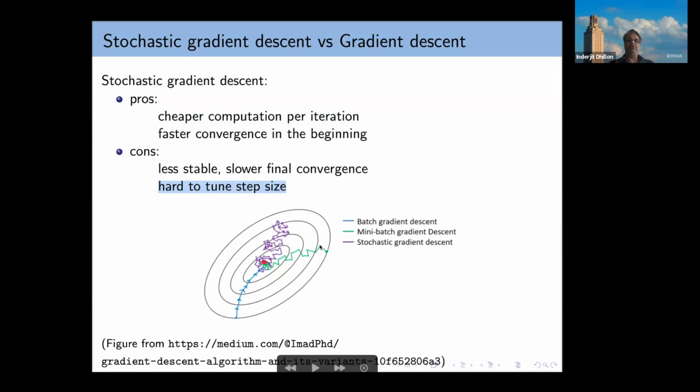In mini batch, it's a little bit of a wavering thing over here. And in stochastic gradient descent, it actually goes like this. That's the trajectory.